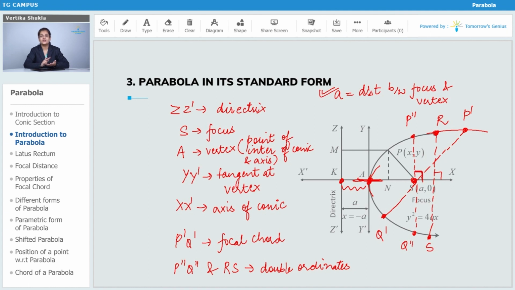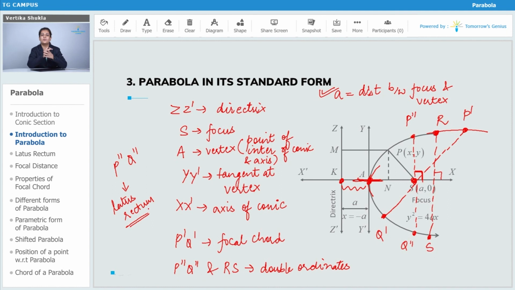Since P double dash Q double dash is perpendicular to the axis, it is a double ordinate, and since it is passing through the focus, it is also a focal chord. So a double ordinate passing through focus is latus rectum, which in this case has been identified by P double dash Q double dash. P double dash Q double dash is your latus rectum.